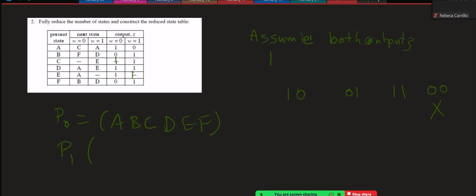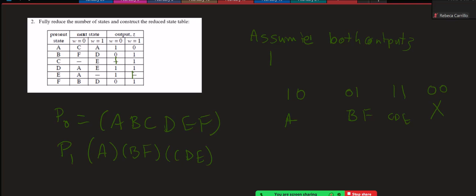For 1, 0, I have A only. For 0, 1, I have B and F. And for 1, 1, I have C, D, E. So those will be my groups: A, B, F, and C, D, E.